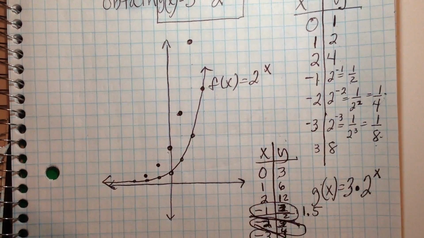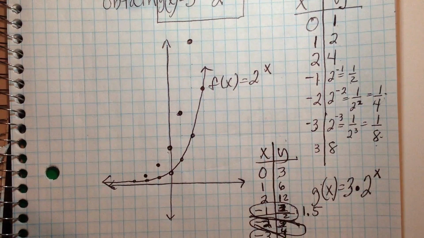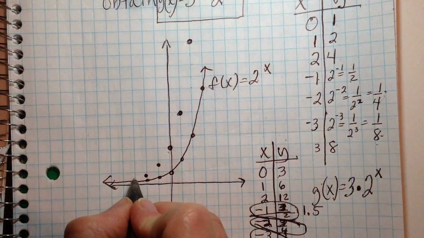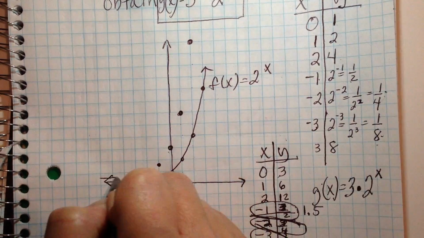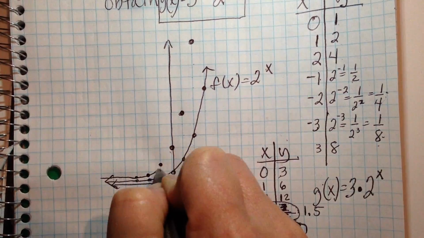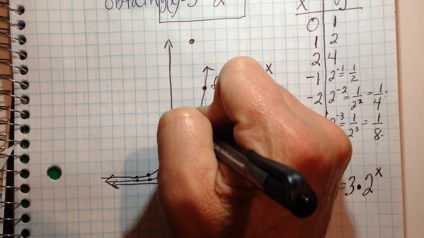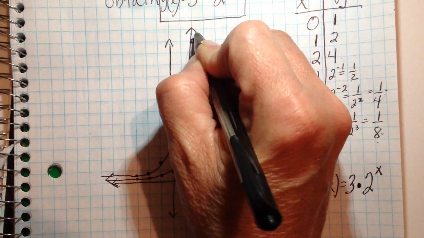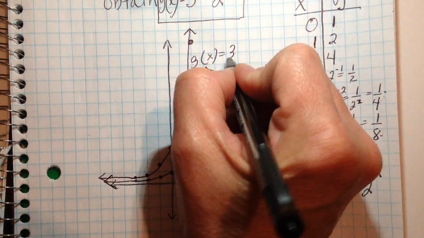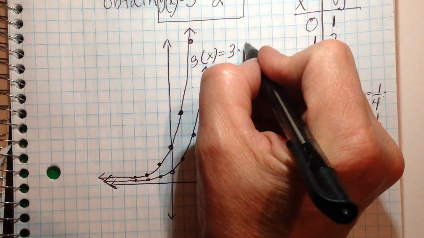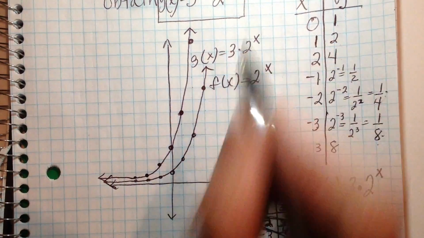Negative 3, 3/8, I'm somewhere about right here. So here is my graph of the stretched graph. This is g of x equals 3 times 2 to the x.